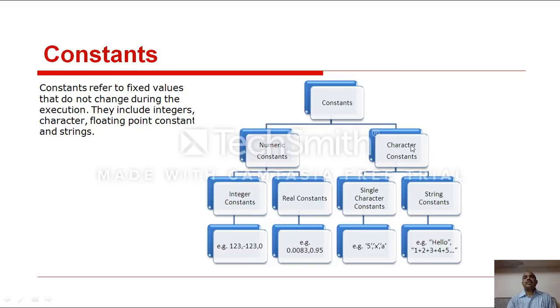Character constants are of two types: single character constants and string constants. A single character constant is a character enclosed within single quotations. Then the next one is string constant, for example "hello", which is enclosed within double quotations.